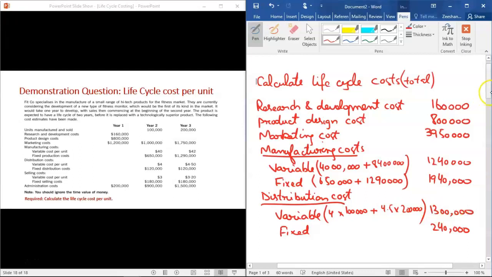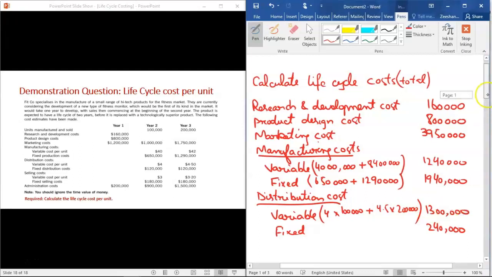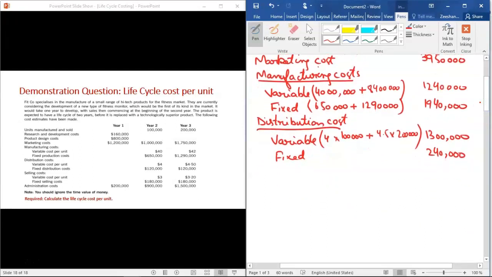Then finally, I need to add administration costs. And administration cost is given as 900,000 and 1,500,000. So that is 2,600,000. There is no variable administration cost.